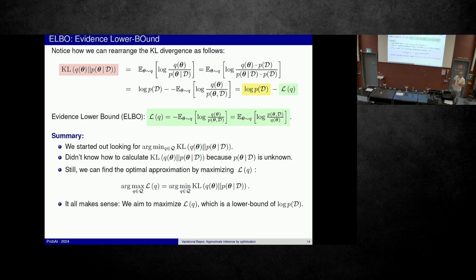It was hard because we didn't know how to calculate this, because we didn't know what our target was. But then we found out that we could maximize the ELBO instead, and the result would be the same. That is why this is good. And the sales pitch is that the ELBO is a lower bound of the evidence, and therefore fits with the way of thinking for learning.